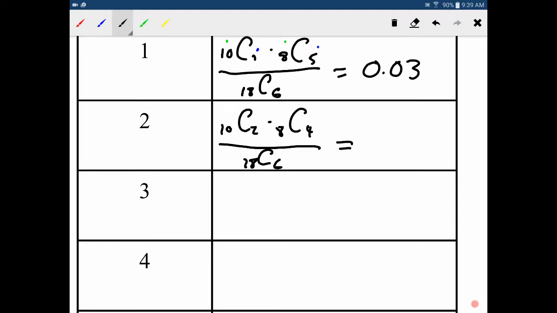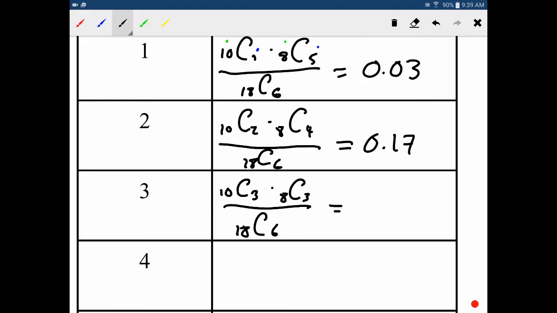It should stay the same. We'll get 0.17. Then 10 choose 3 times 8 choose 3 over 18 choose 6 is equal to 0.36.